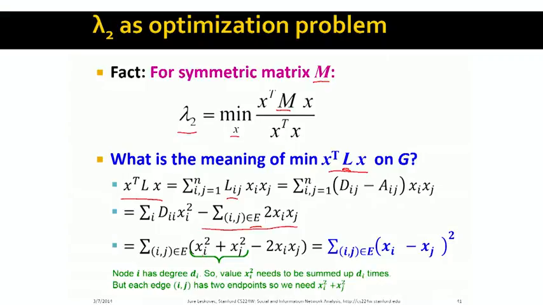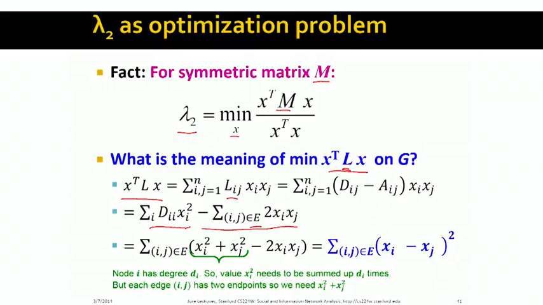What we notice is that the sum over the degrees, d_ii times x_i squared, can be thought of this way: for every node we have to take its squared value and sum it up d times. What this means is that we can take the squared value and sum it up once for every edge.